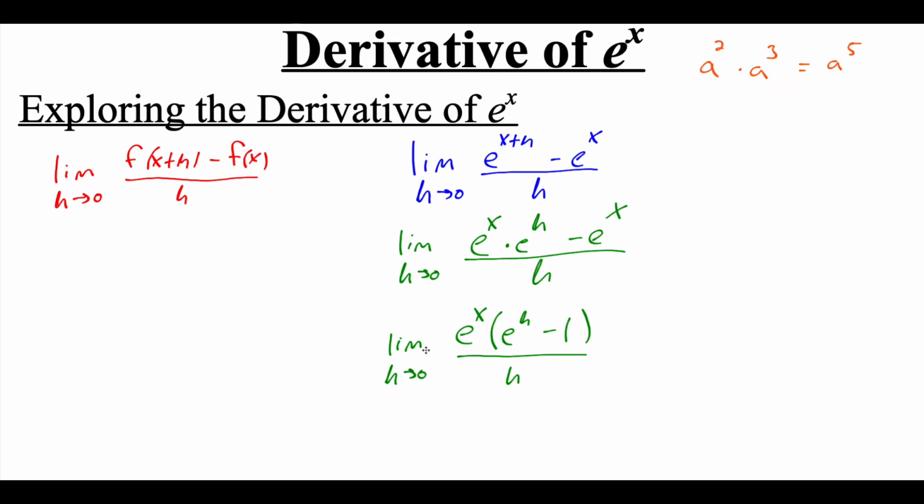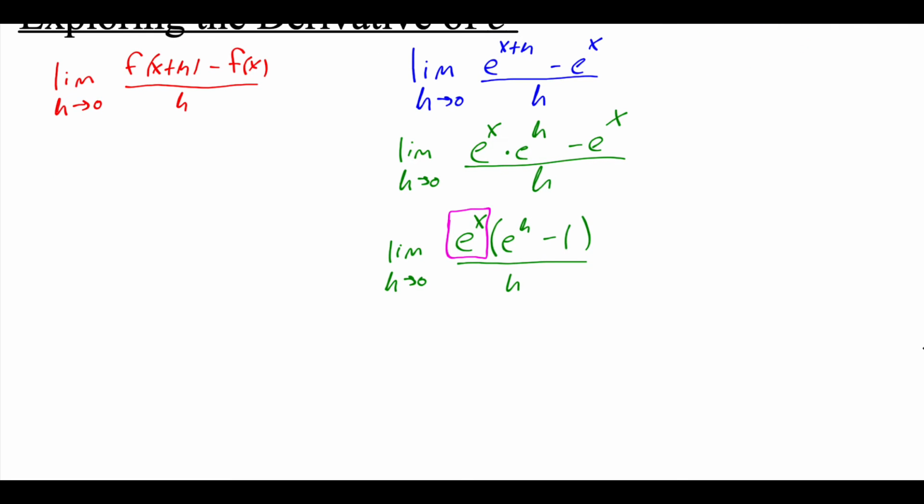As we evaluate this limit, this first piece, e to the x, doesn't have any h's in it at all, so I'm allowed to remove that from the limit and put it out in front. So this is going to say e to the x times the limit as h is approaching 0 of e to the h minus 1 all over h.